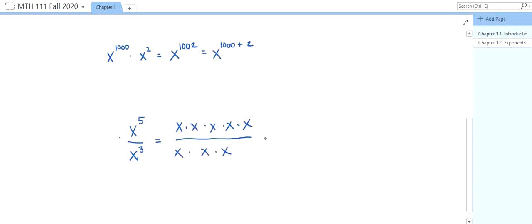There's 3 down here. Well, we can kind of split these up. And then we have 3 left over, or actually we only have 2 left over.